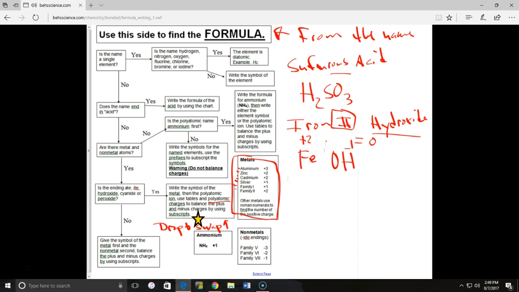We take this 2 and we put it over here, outside parentheses. It has to be outside parentheses because I'm not taking 2 H's, I'm taking 2 OH's. Then remember, if it's a 1, we don't need to put anything, and we also, please remember, we don't put a negative value, so it's just Fe(OH)2. You do not have to have the charges up here to be considered done.